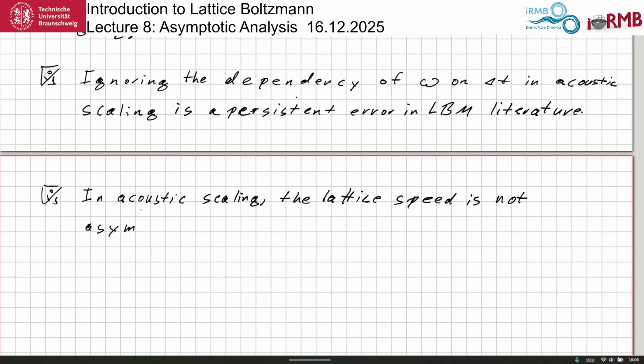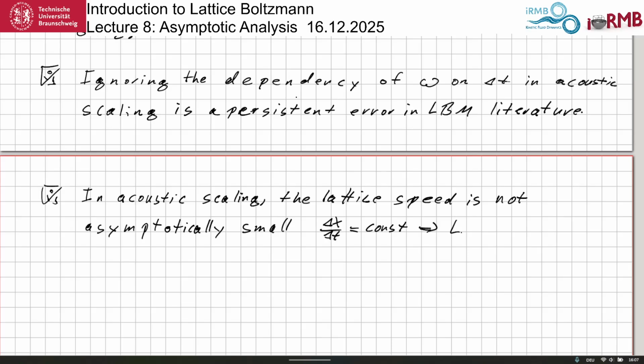The lattice speed is delta x by delta t, yeah? And this thing is not asymptotically small. So delta x by delta t is constant.